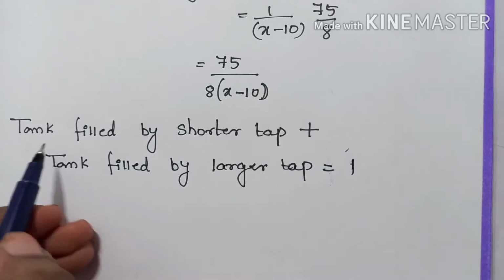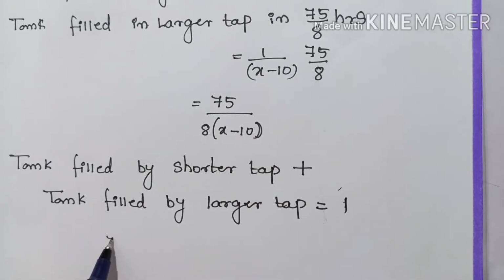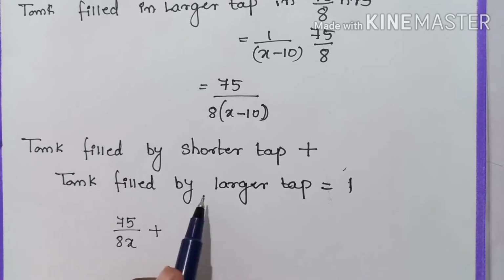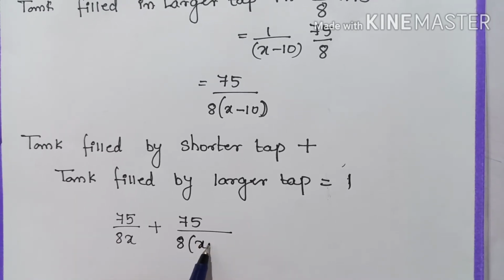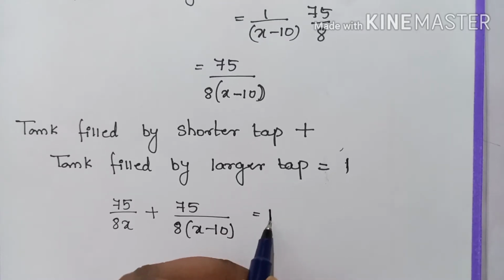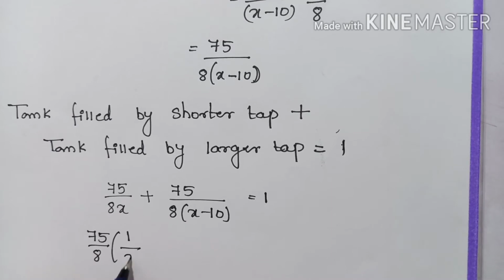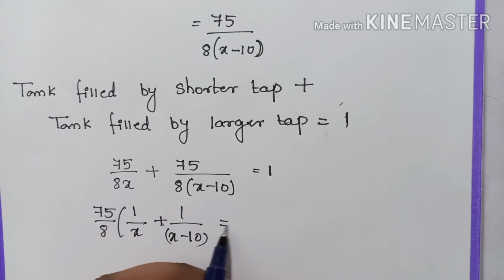So the tank filled by the shorter tap in 75 by 8 hours is 75 by 8x, plus the tank filled by the larger tap, which is 75 by 8 into x minus 10, equals 1. Now taking 75 by 8 common, 1 by x plus 1 by x minus 10 equals 1.